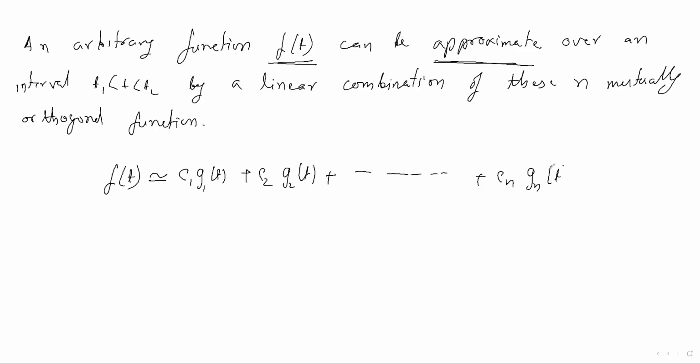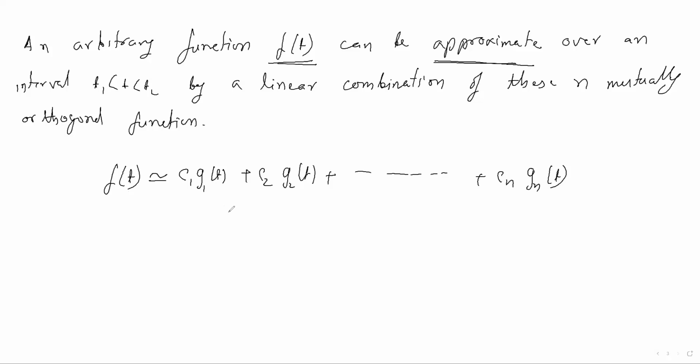Earlier we had only one function and approximated for f1, but here we are taking n multiple orthogonal functions. If there are n multiple orthogonal functions, we can represent a signal f(t) with them.